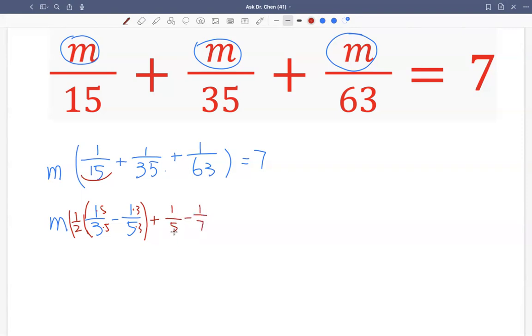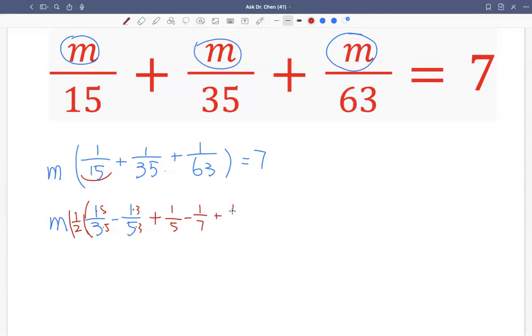Yeah, 1 over 5, so make a common denominator of 35. Then we have 7 minus 5, which is also 2 over 35. So multiply by half for this one also. So this half is for this difference, and also for this difference.